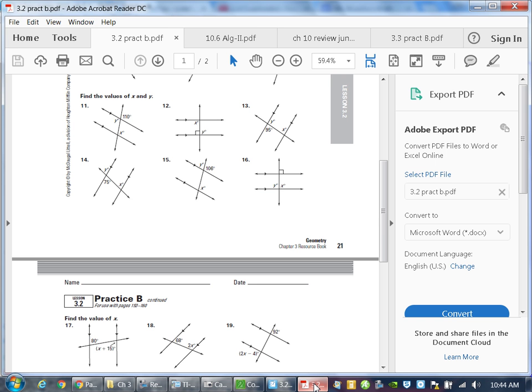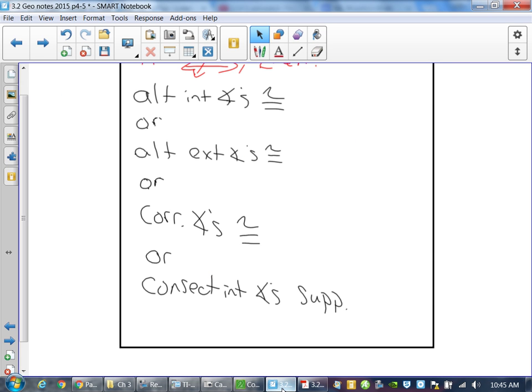Okay. And then we called these same side, same position. Okay. So the corresponding with the same side, same position. There are 4 sets of those. Remember, we had like top left, top right, bottom left, bottom right, things like that. And then the last one was the consecutive interior.